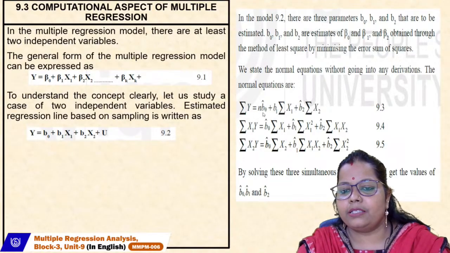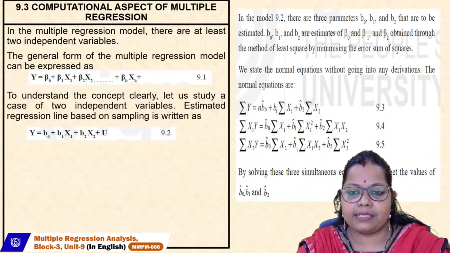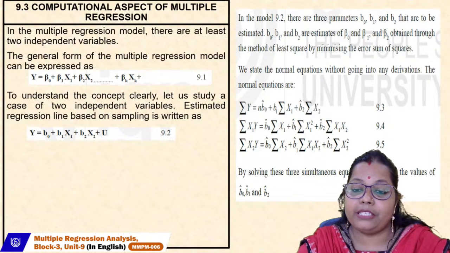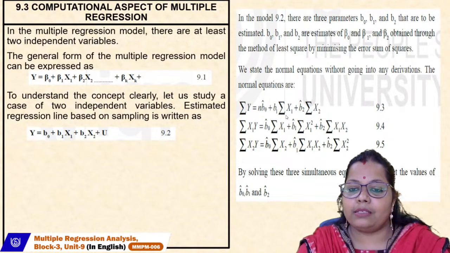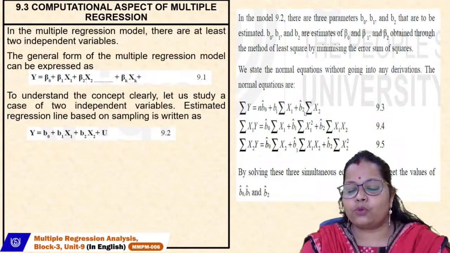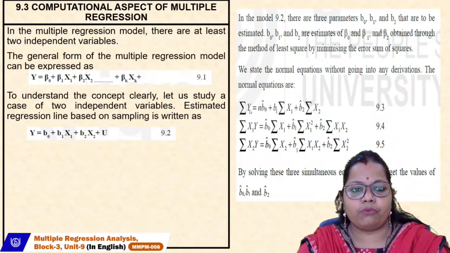The summation y is equal to n b0 hat plus b1 hat summation x1 plus b2 hat summation x2. So it clearly shows that there are two independent variables, x1 and x2, and this summation y is known as the dependent variable.